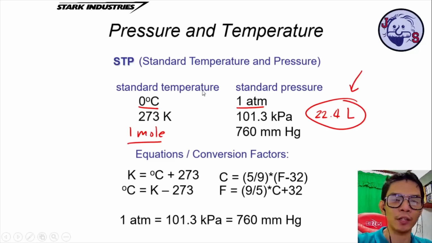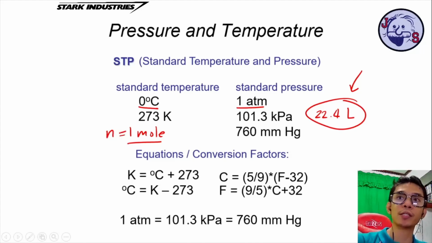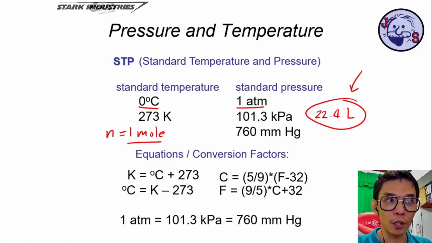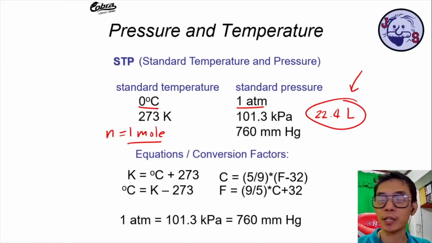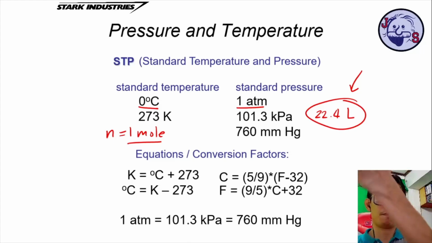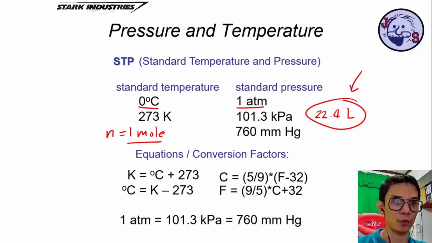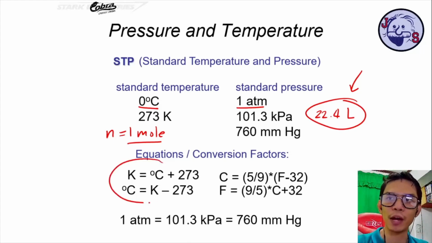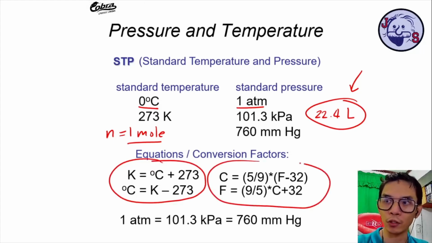Again, the standard temperature is 0 degrees Celsius or 273 Kelvin, the standard pressure is 1 atmosphere, the standard amount of gas is 1 mole, and the standard volume is 22.4 liters at standard temperature and pressure. These are the conversion factors that you need to take note of.